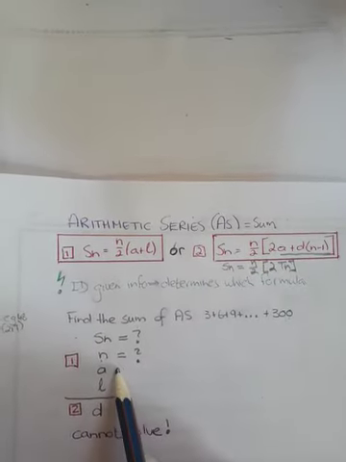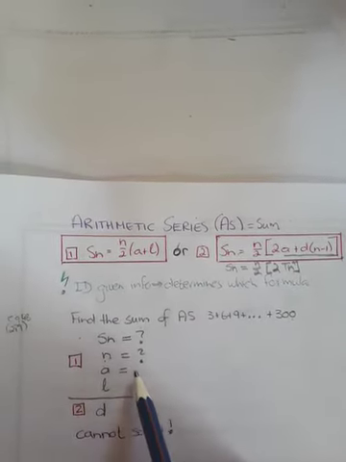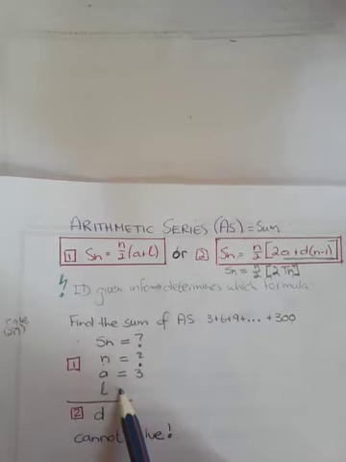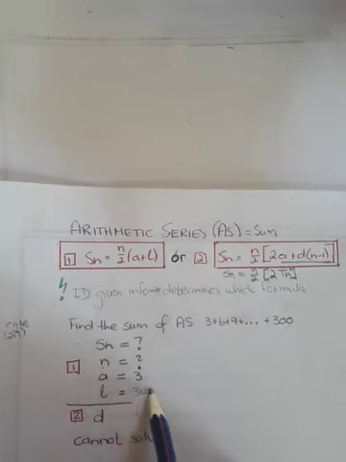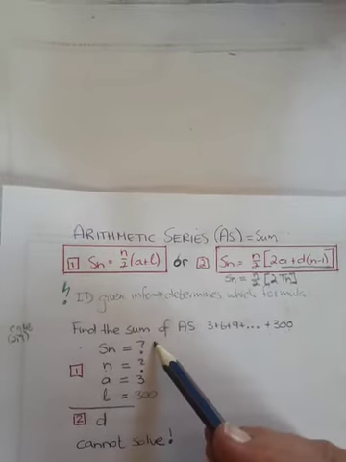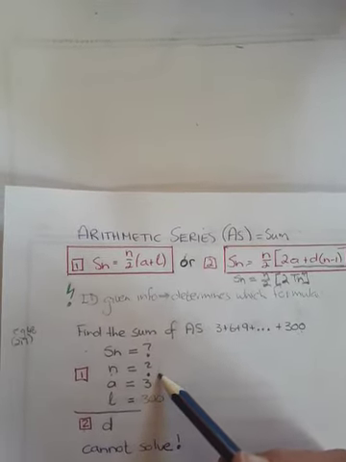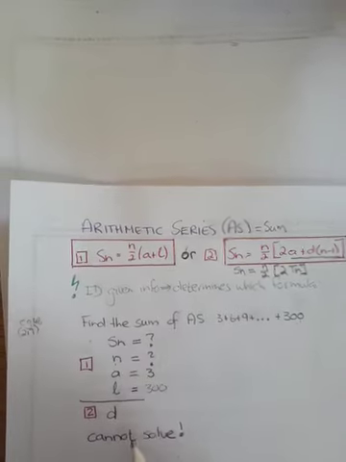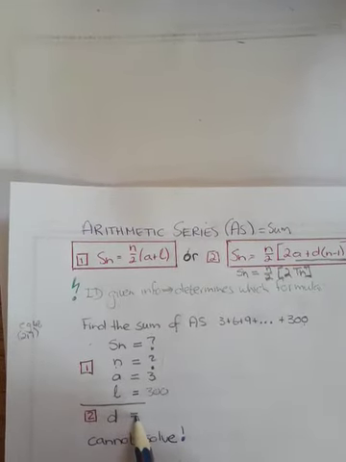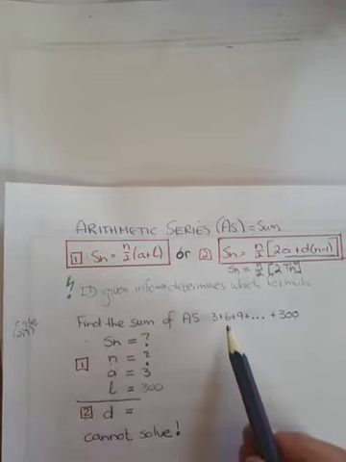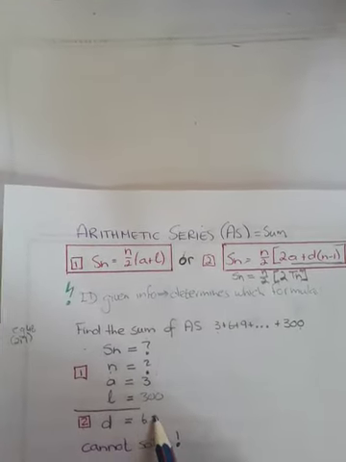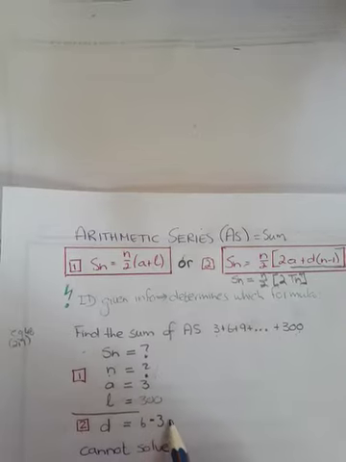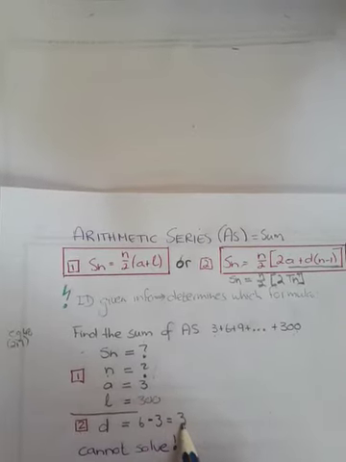Let's go on identifying. A, the first term, we've got as 3. L, the last term, is 300. But we have a problem using formula 1 because we've got two variables. Now let's look at d, the common difference, which we can work out because we simply take one term and subtract the previous term, which gives me 3.